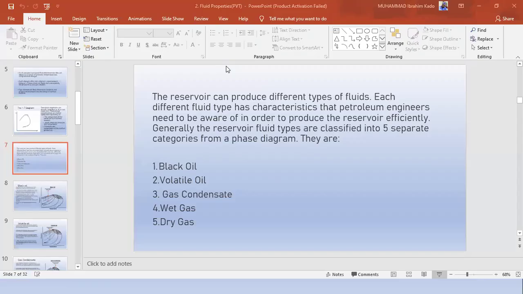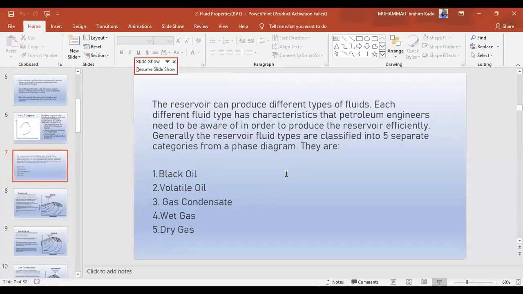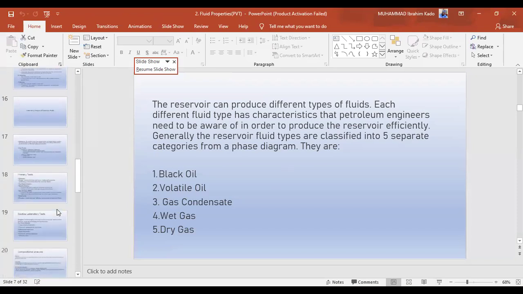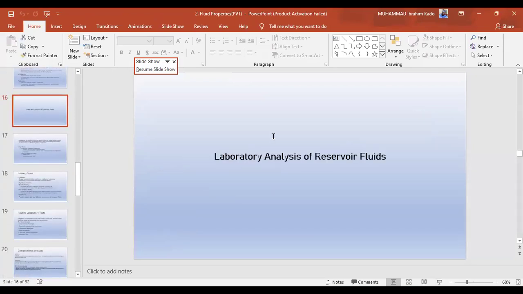Sunday is raising his hand. Sunday, can you answer? We have the constant composition test, CCE, and the differential liberation test. Is that all? Which other one?